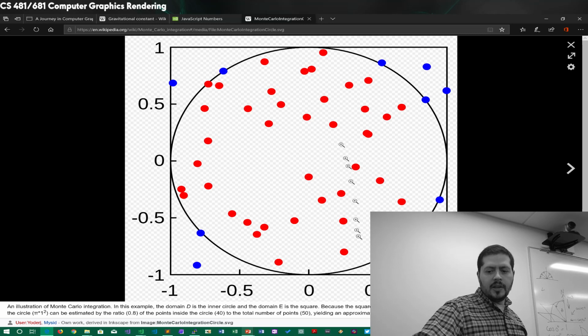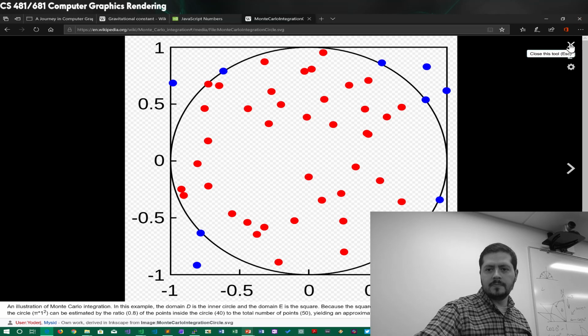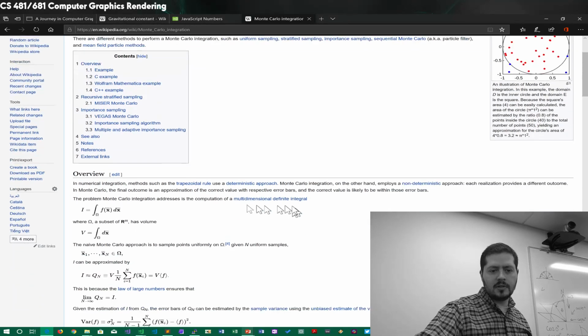By comparing that ratio, you can get an estimate for pi. All you do is throw random dots and compare the ratio, and the more dots you throw, the better the estimate is going to be. So this is kind of where the idea comes from.